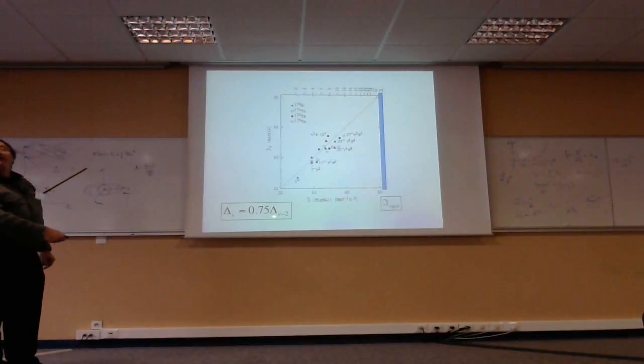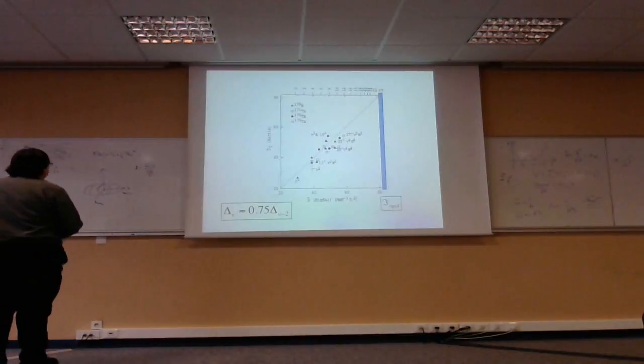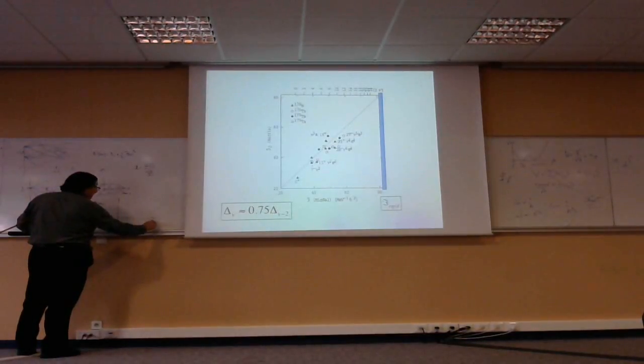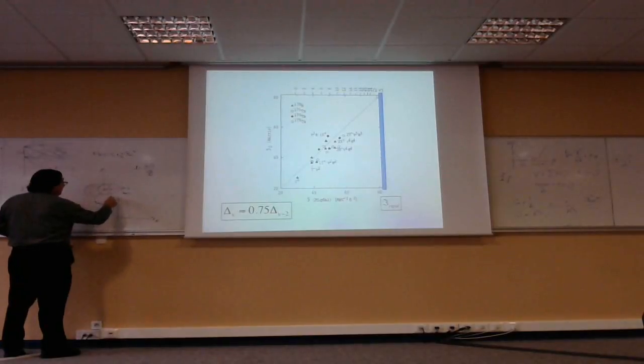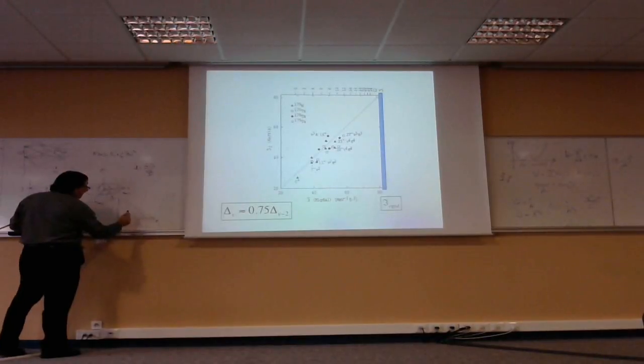And this is the way they parameterize that. Essentially what we expect is therefore, as in superconductivity, that at some point the gap with angular momentum or frequency will go down, and at some point it will be zero.